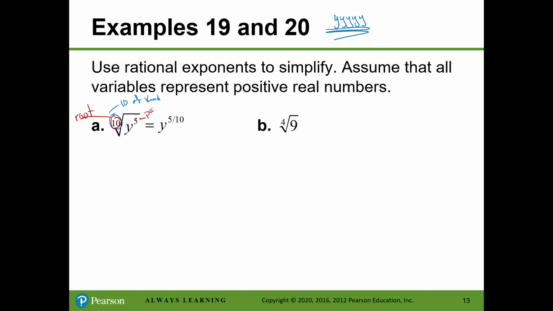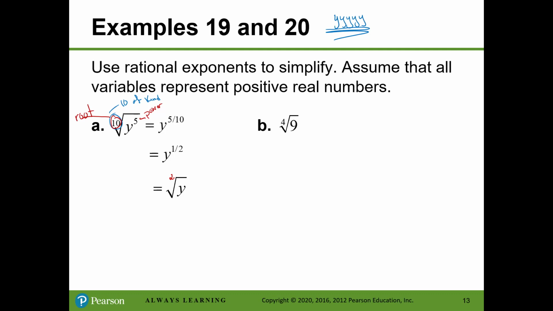The 5 is the power, the 10 is the root. And I can simplify 5 over 10, can't I? Good, which gives you 1/2. And if they want me to leave it with a rational exponent, I'll leave it that way. But if they want me to rewrite it with a radical, this is what it's going to look like. Remember, the square root is there. Good? Okay.